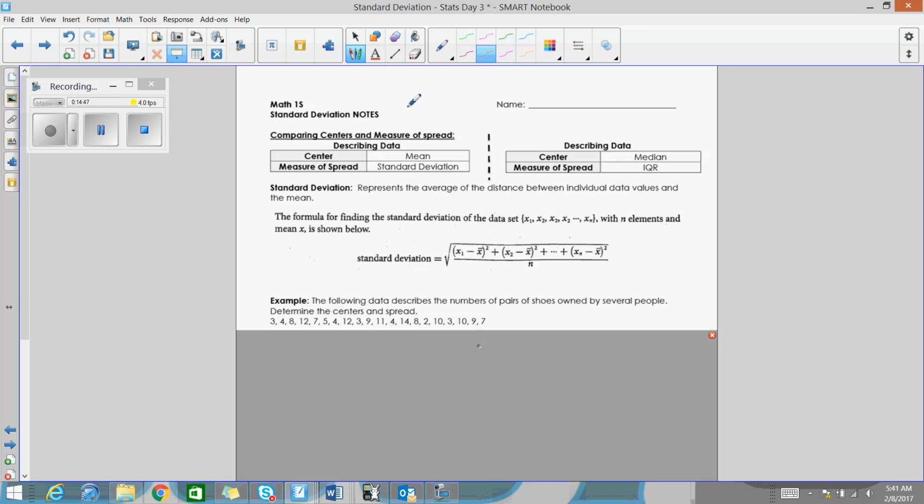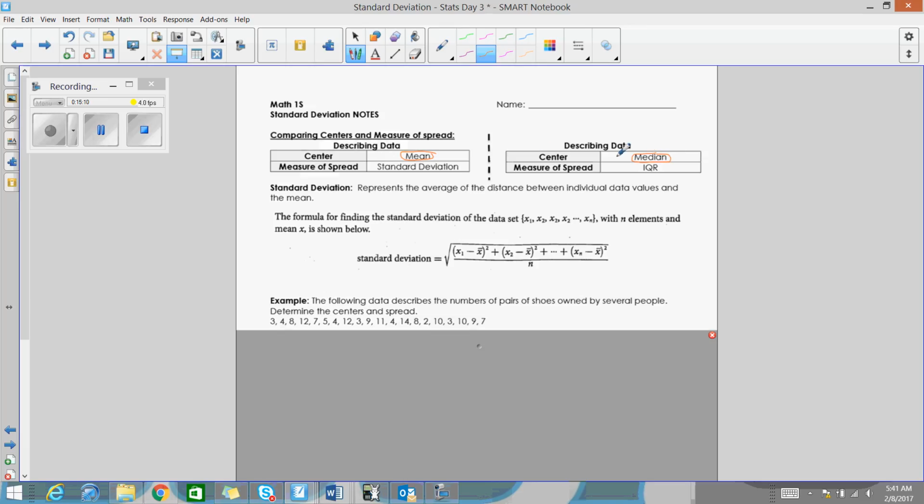All right. So when we start comparing centers and spread, there are two different things there. A center is a way to compare a middle. There are two types of centers. A mean is a center, and a median is a center.